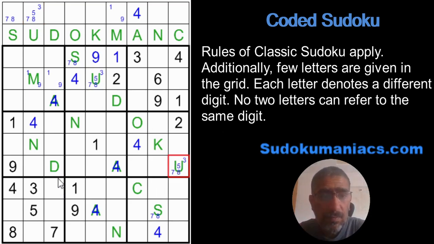Next, N's. I have multiple N's. So let's see. I can't have a 1, 2. I can't have a 3, 4 or a 5 for the N. 6 is possible. 7, 8 cannot be an N. 9 also cannot be an N. So I know that's a naked single, N is a 6.